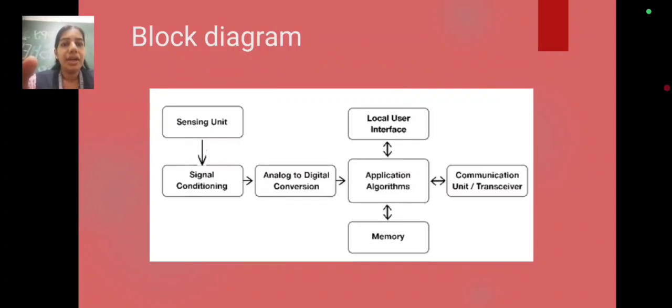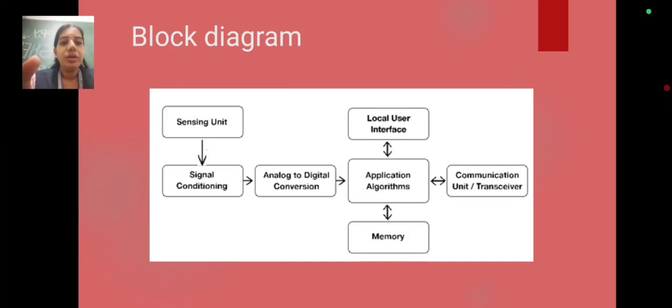This is the block diagram of a sensor. It includes 7 types of blocks. The first block is the sensing unit, then the signal conditioning block, then ADC, that is analog to digital conversion, local user interface, application algorithms, memory, and communication unit, that is transceiver.